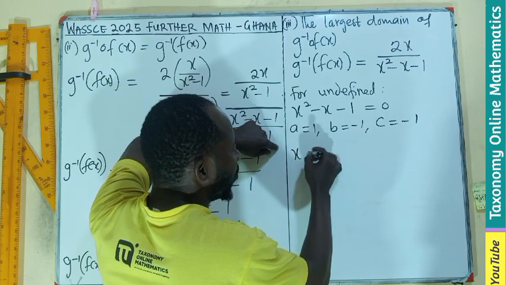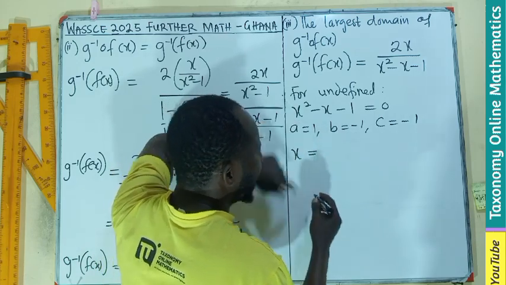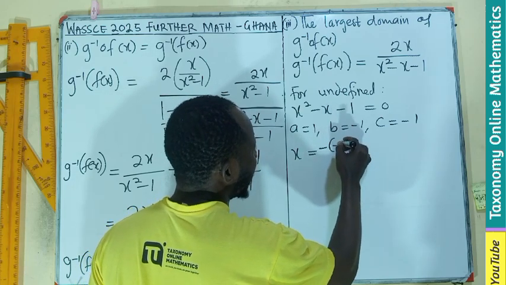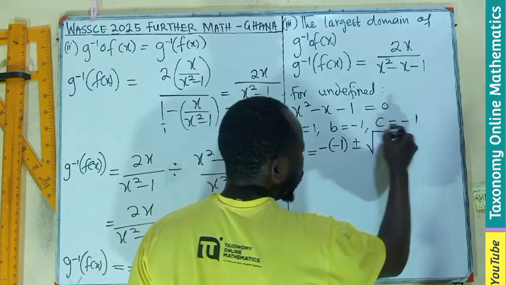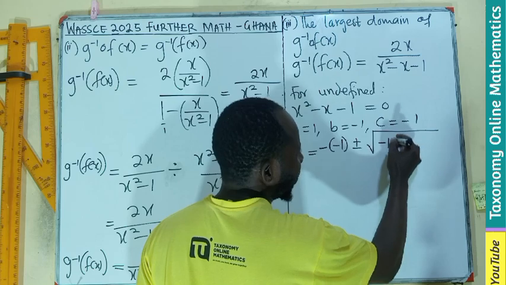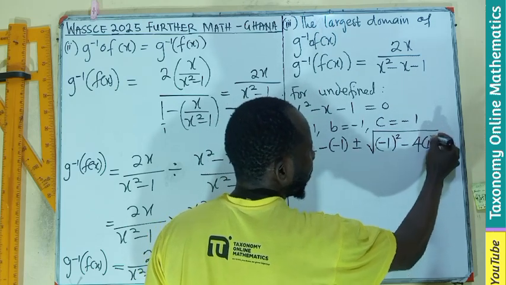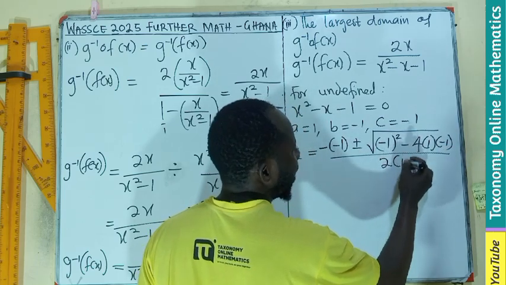So x will be equal to -b plus or minus the root of the discriminant. The discriminant is b squared, so -1 squared minus 4ac, divided by 2a, and a is 1.